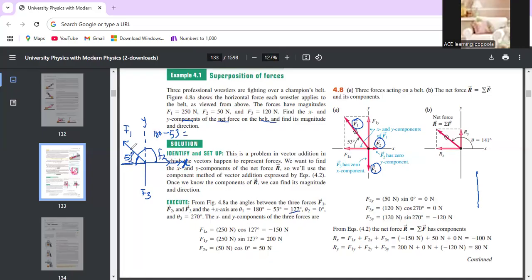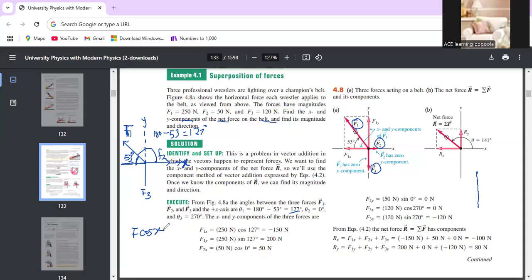So it means the angle between F1 and the horizontal, the angle which the first force makes with the horizontal, is 127 degrees. Now remember that when you want to resolve a vector in the horizontal direction, you use F cos theta.